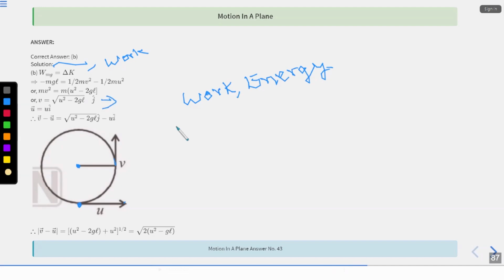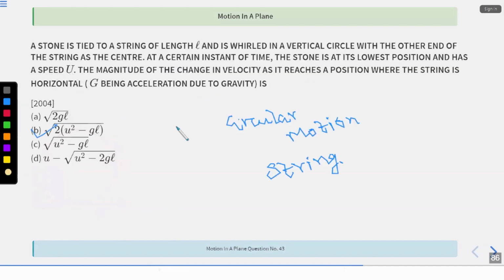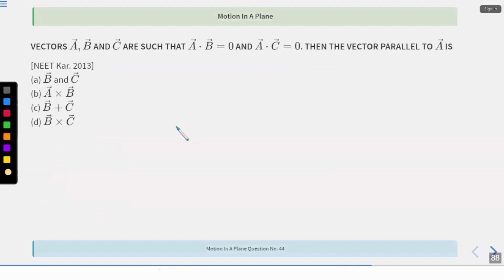But u is equal to u i cap, and v minus u will be this, because this is in i cap and this is in j cap. We can see that this is in this direction. So we got v minus u is equal to this. So magnitude would be root of this thing, and therefore you'll get root of 2 u square minus gl. So this would be option B. Okay, let's move on to the next question.